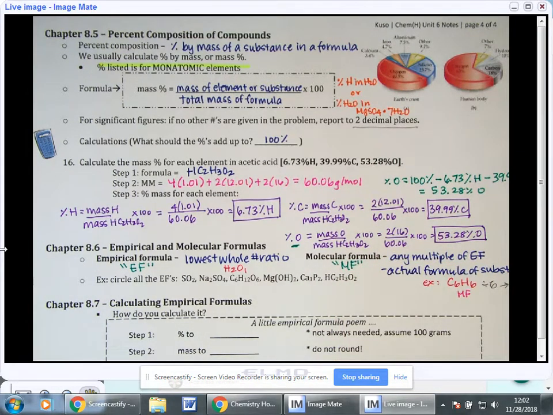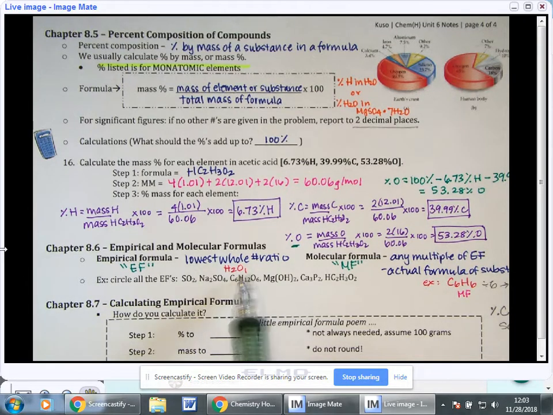I guess I should mention that molecular formula I'll abbreviate as capital M, capital F. And in terms of percentages, if we're looking at the percent of carbon and the percent of hydrogen in your formulas, these will be the same for the molecular and the empirical formula. The actual formula of the substance would be C6H6, and then the empirical formula will be just CH. And then for here, I wrote it could be any multiple of the empirical formula.